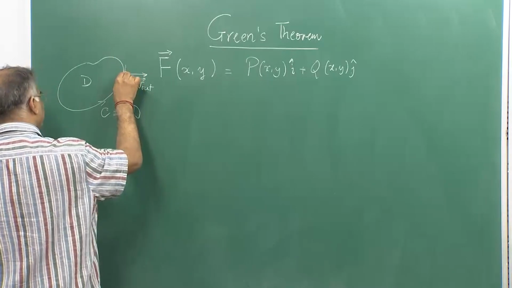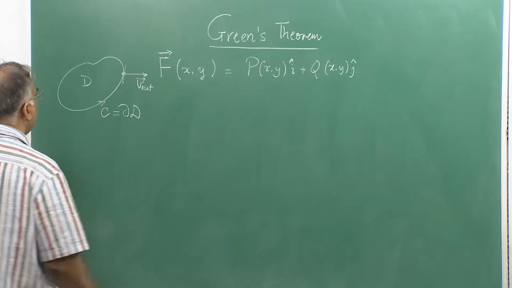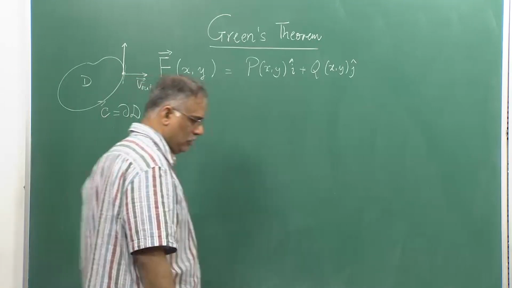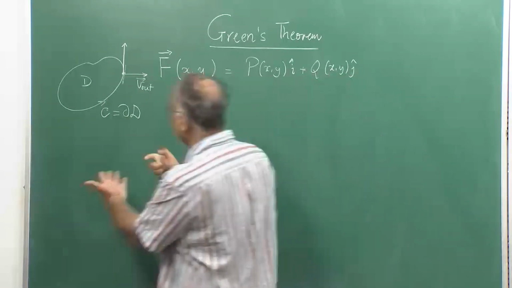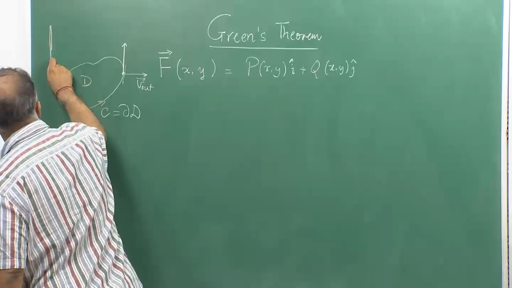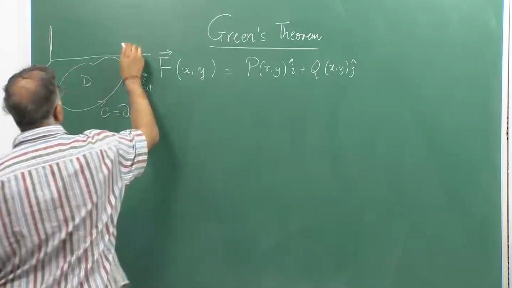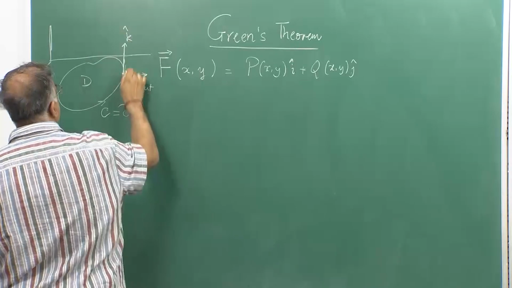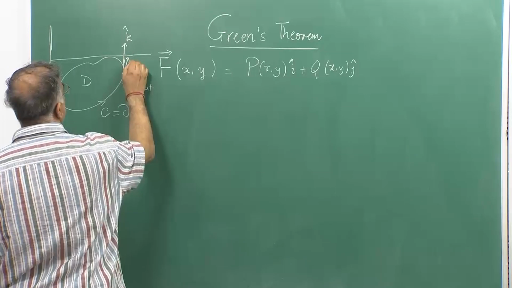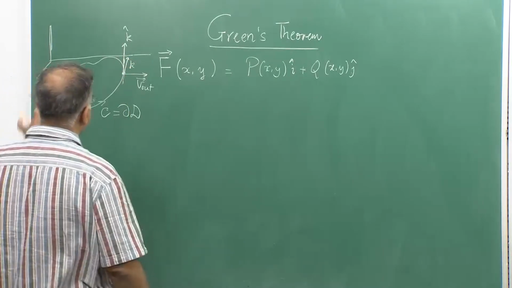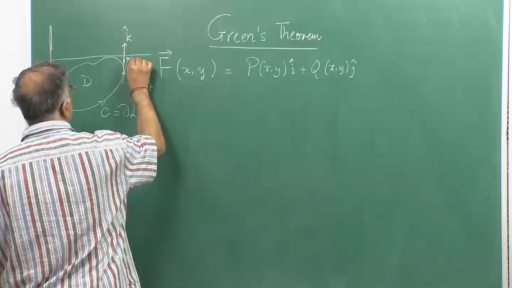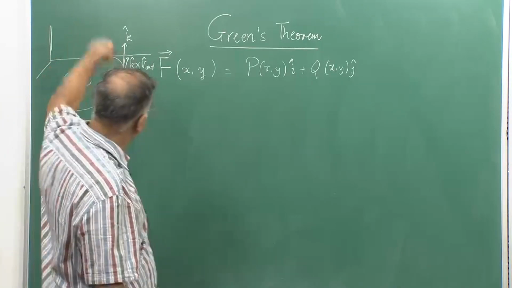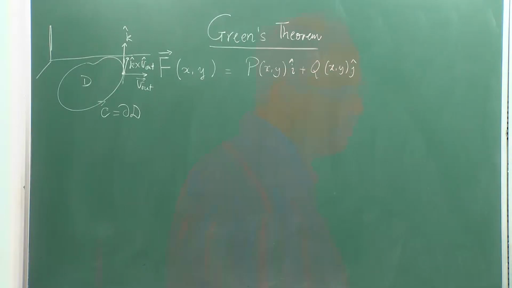Now, I am in 2-dimensional space, and if this is my k vector, pointing in the perpendicular direction to the plane in which I am lying, then this vector is k cross v out. That direction is the direction of positive orientation.